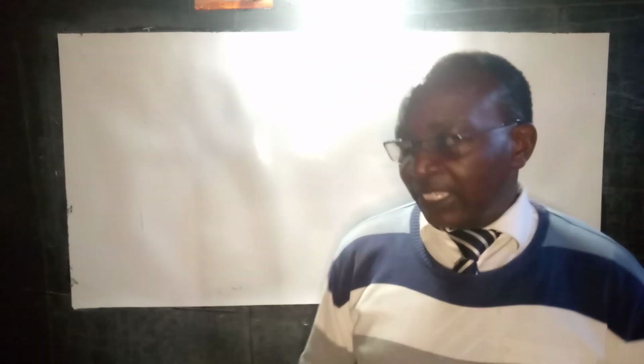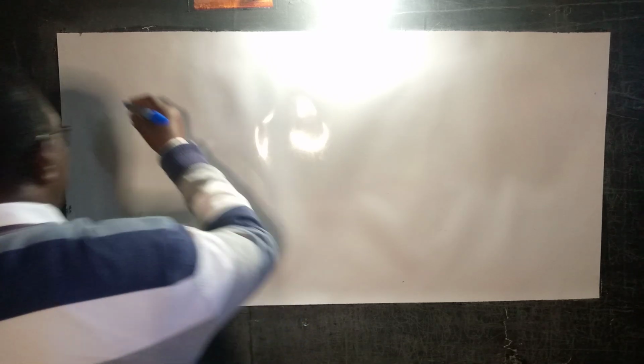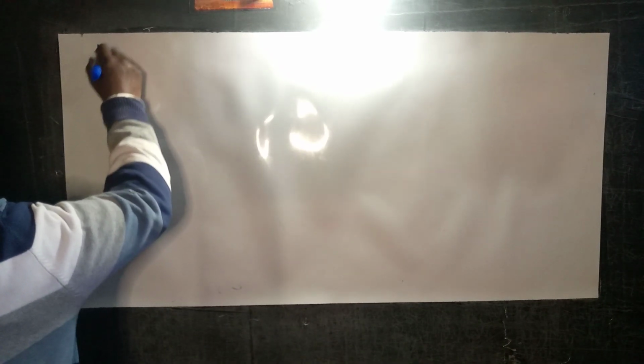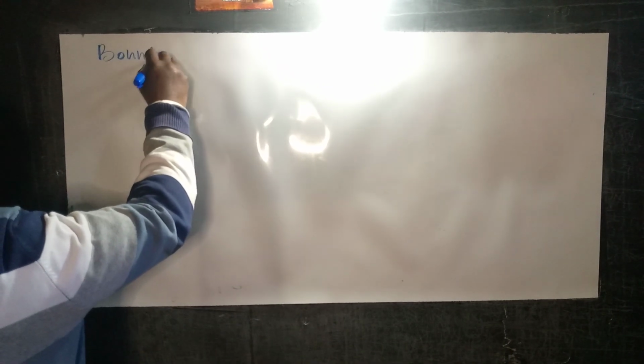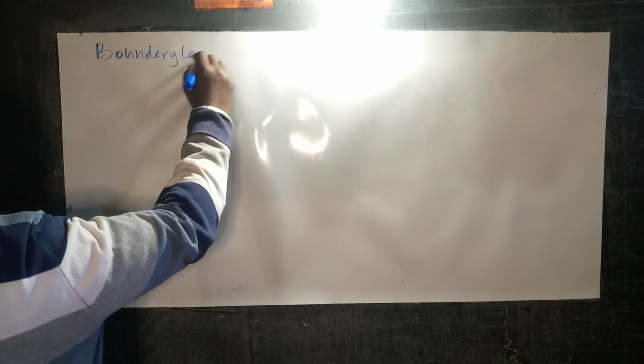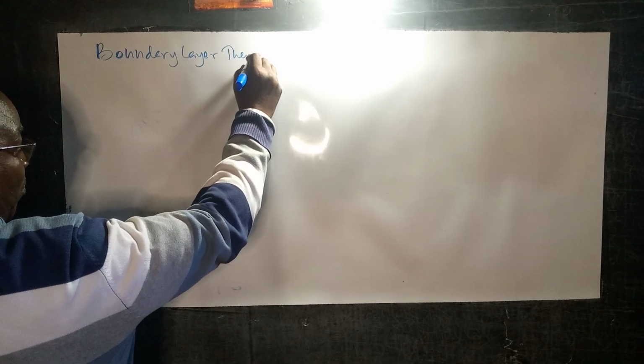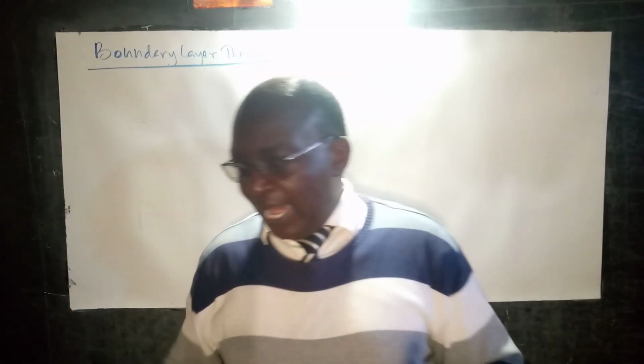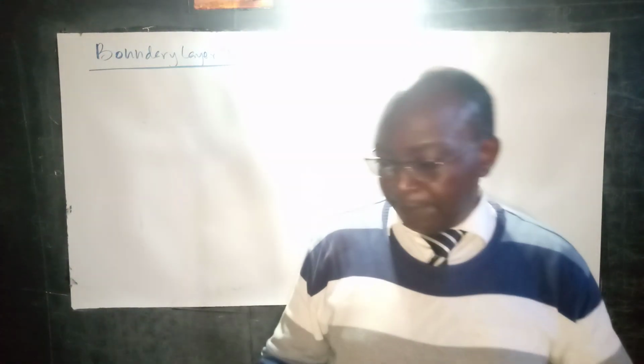And today we want to look at, first of all, want to introduce ourselves to the boundary layer theory. So we start by thinking in terms of what we learned about, for example, convection, where there was a fluid and also a solid boundary.